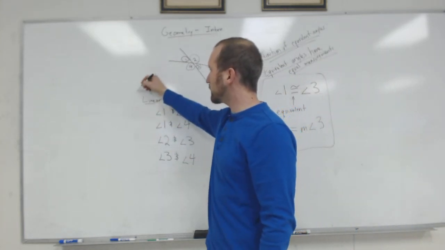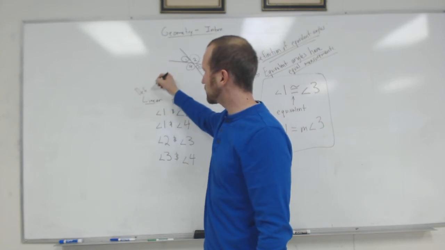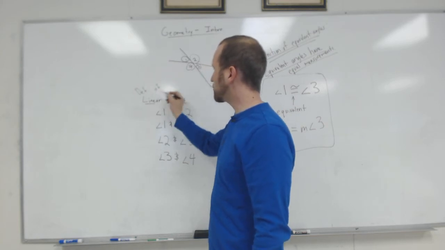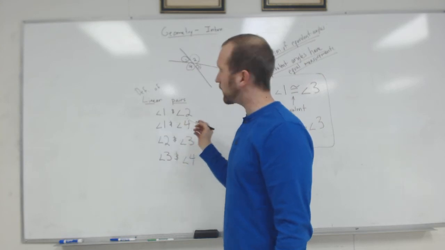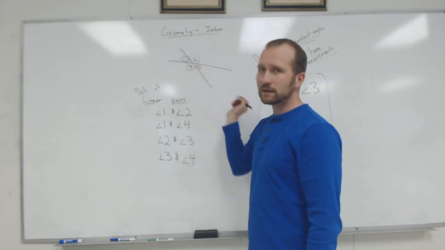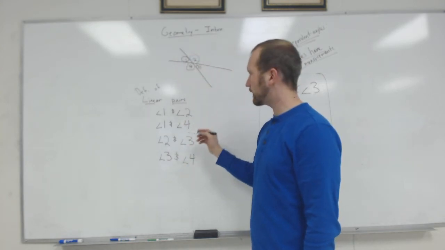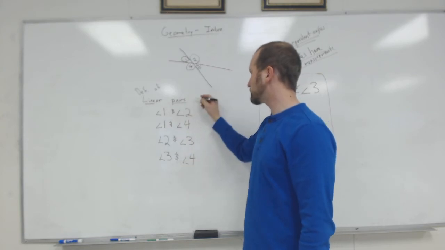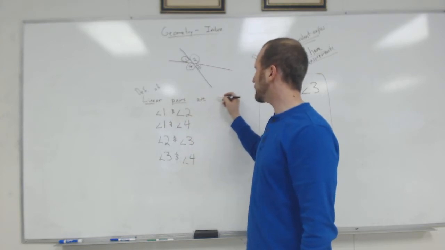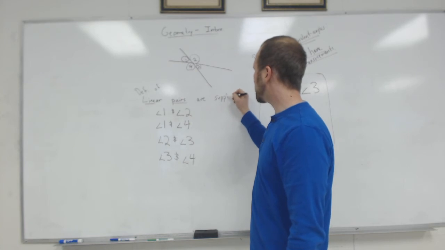So this is going to really be the definition of linear pairs. Linear pairs are angles that form a line together. And linear pairs are what in geometry we call supplementary.